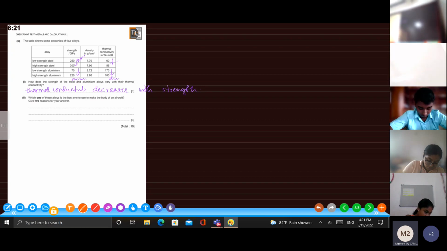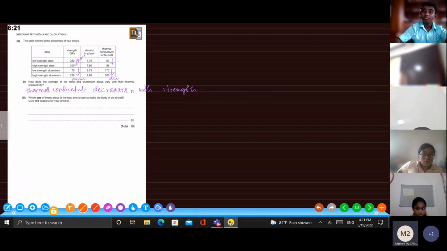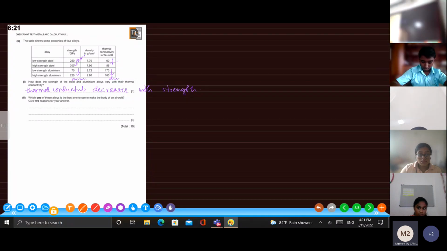Which one of these alloys is the best one to use to make the body of an aircraft? Give two reasons for your answer. High strength aluminium. High strength steel.